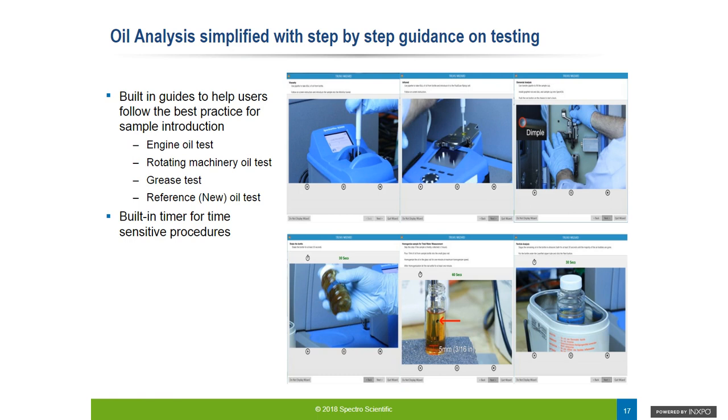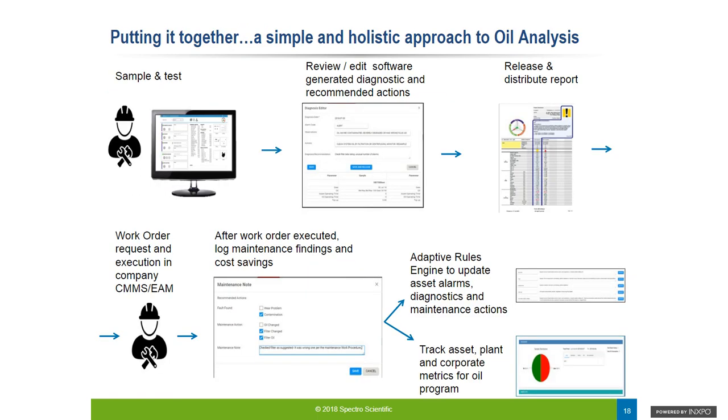So coming back then to the flow, let's put it all together. You do your sample to start in the upper left-hand corner. Sample and test is done on the MiniLab on the TrueView device console shown there.